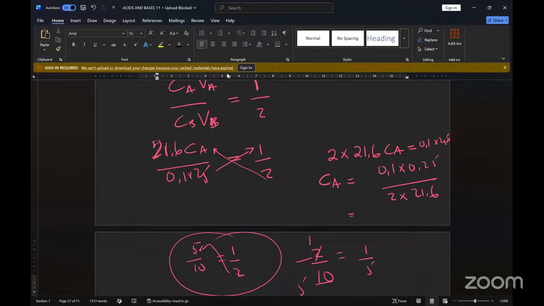So 0.1 times 0,25 equals, the numerator is 0,025. And then the denominator is 2 times 21,6, and that gives you 43,2.